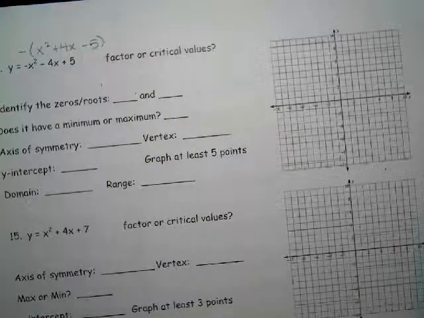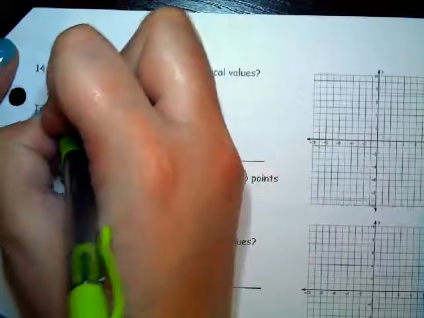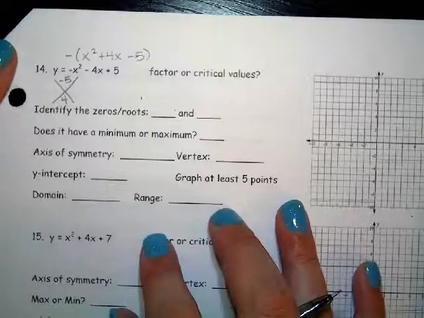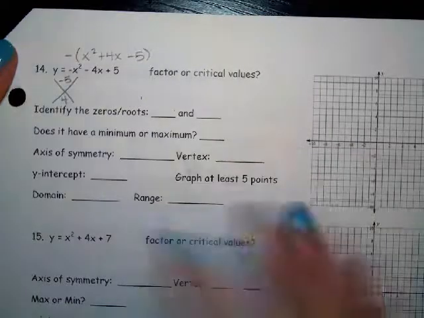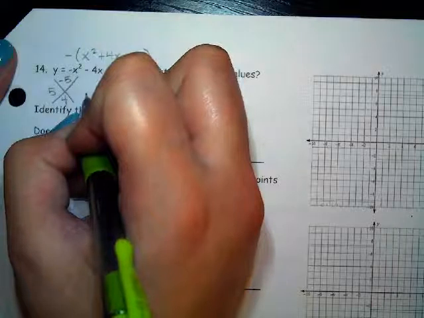Okay, so we're looking for two numbers that multiply to -5 and add to 4. Okay, so 5 and -1. So x plus 5, x minus 1.